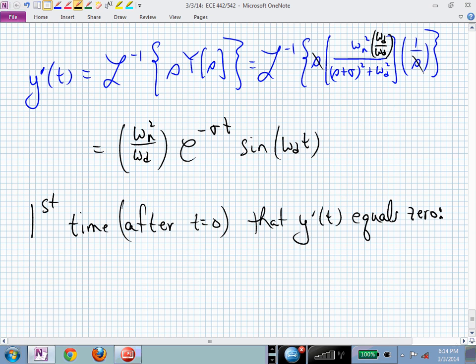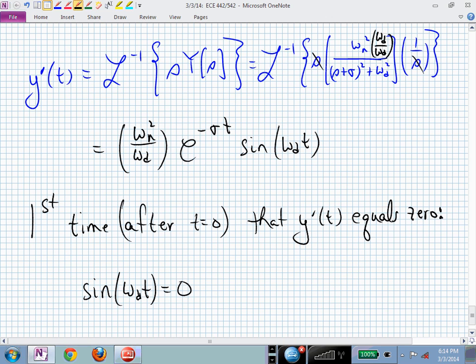And what's that going to imply? I now want, because e to the minus sigma t, that's non-zero, isn't it, for all values of t. So I don't need to worry about that. This is just a constant, omega sub n squared over omega sub d. I don't need to worry about that.